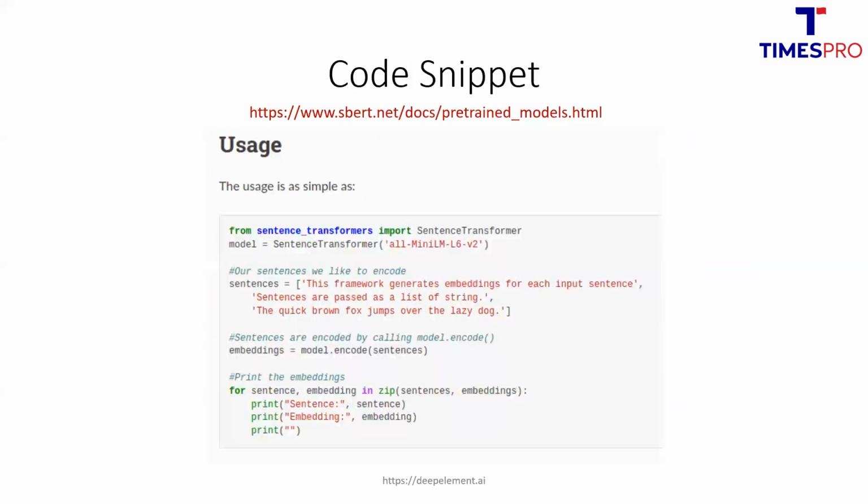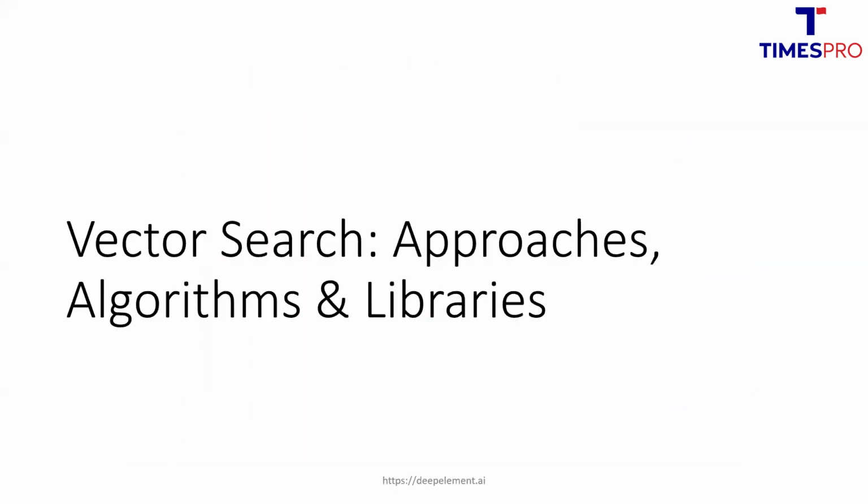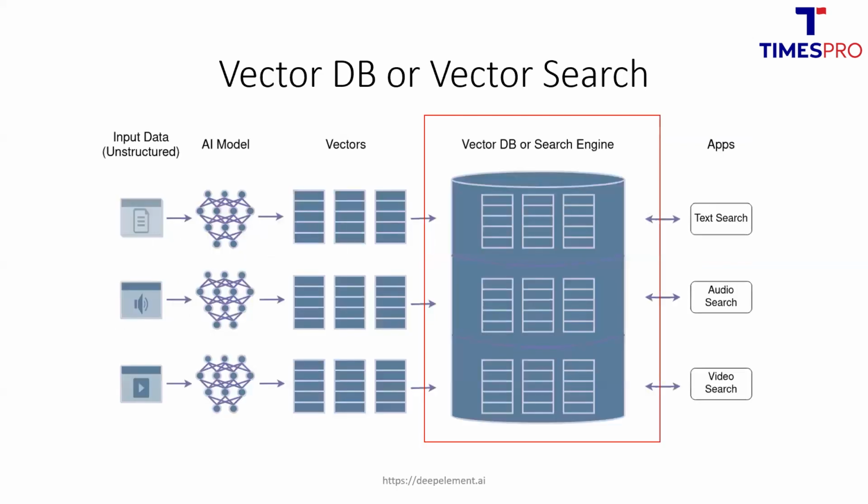So now that we have seen how to convert text into an AI model, the next thing is about deciding what kind of vector database to choose to dump all these vectors into the database and what approach to choose.